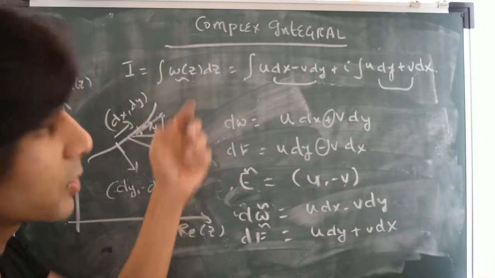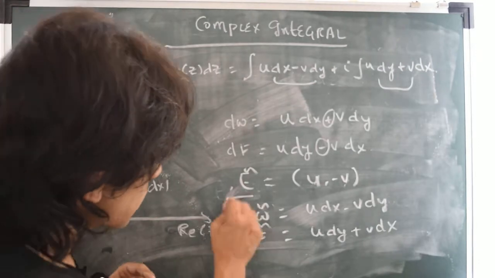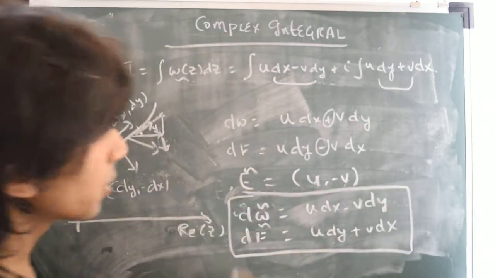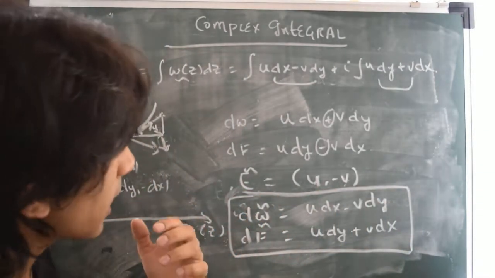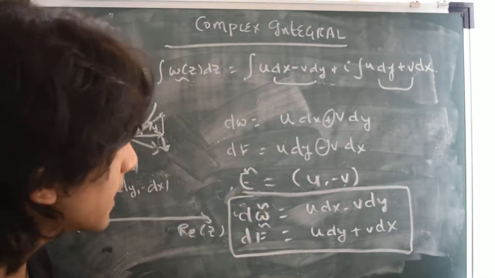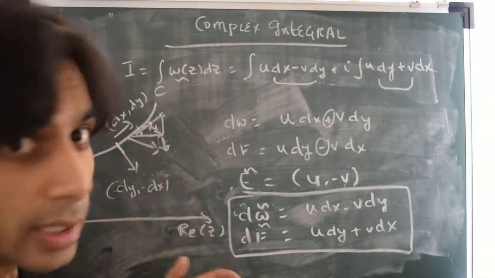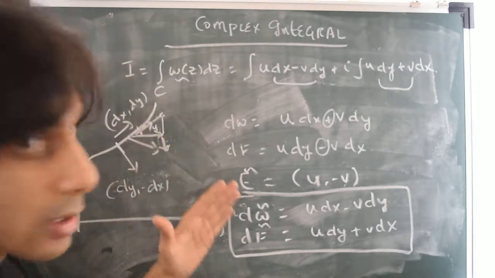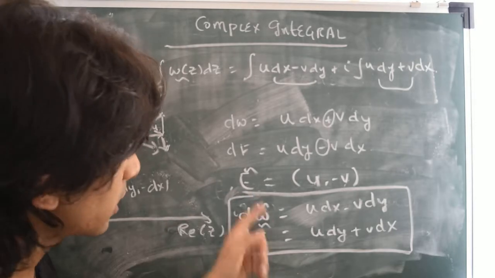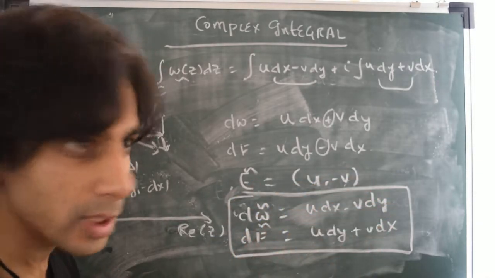And these are exactly the integrands appearing when we expand the integral in terms of the complex notation, in terms of its real and imaginary parts. So in other words, one interpretation of this complex integral along some curve C is that it is the flux crossing this curve of a vector field associated with u comma minus v, or rather the conjugate of w(z).